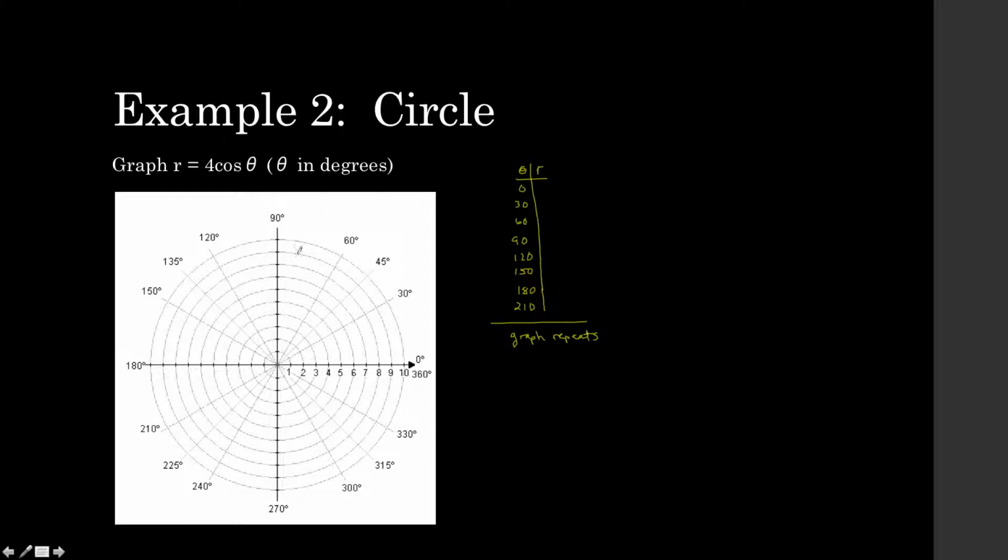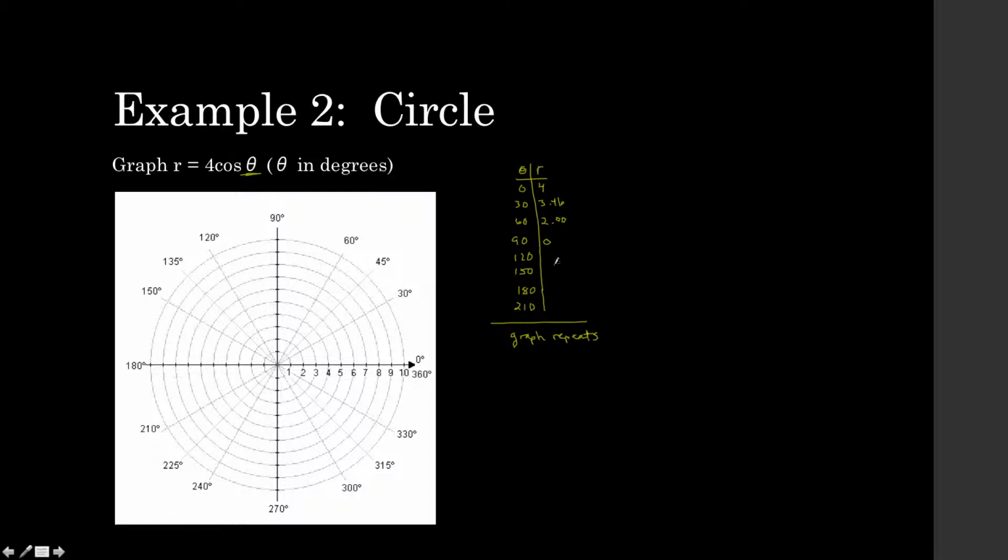So take 0 and plug it in, and you get 4. Take 30 degrees and plug it in and solve. You get 3.46. Make sure you're getting the decimal answers. Take 60, plug it in for theta, and solve. Make sure your calculator here is in degree form, because in the last problem it was in radians. Take 90 degrees and plug it in.